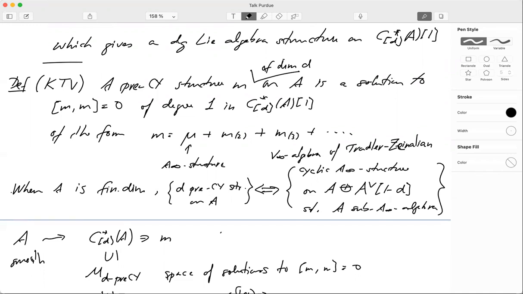And now we constructed a cyclic A infinity structure, but the problem is that of course the pairing is not non-degenerate because these are infinite dimensional. It's non-degenerate with respect to a certain filtration, with Hochschild length, the length of monomials. But it's not non-degenerate in general. So I think that gives an example of a pre-Calabi-Yau structure.